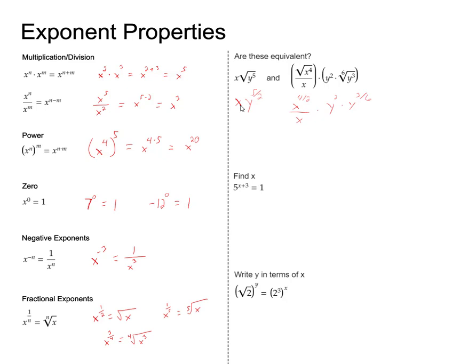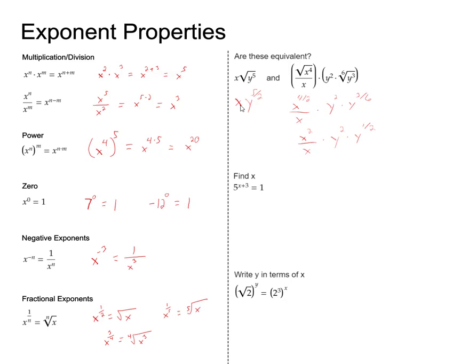We can simplify this even more, because now we can take x to the 4/2, that's just x squared, and then over x, times y squared times y to the 3/6, which can be simplified to 1/2.